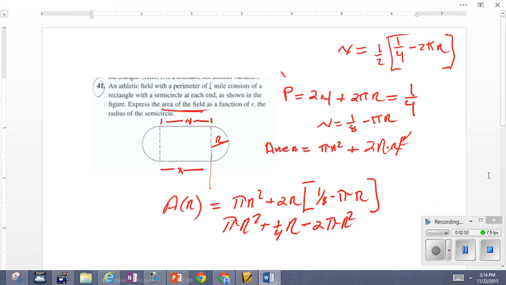And we should see here that we now have a common term with the pi r squared. So it's 1 pi r squared minus 2 pi r squared, so it's negative pi r squared plus 1/4 of r. And that's our function A as a function of r.